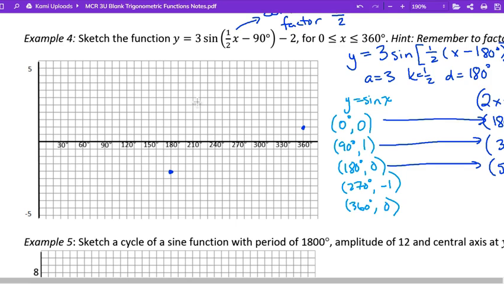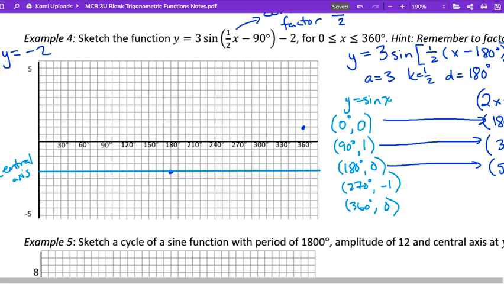What is going to be the central axis? Central axis is y equals c. What is my central axis? -2. This helps me because then it kind of gives me a sense, oh, we're oscillating.